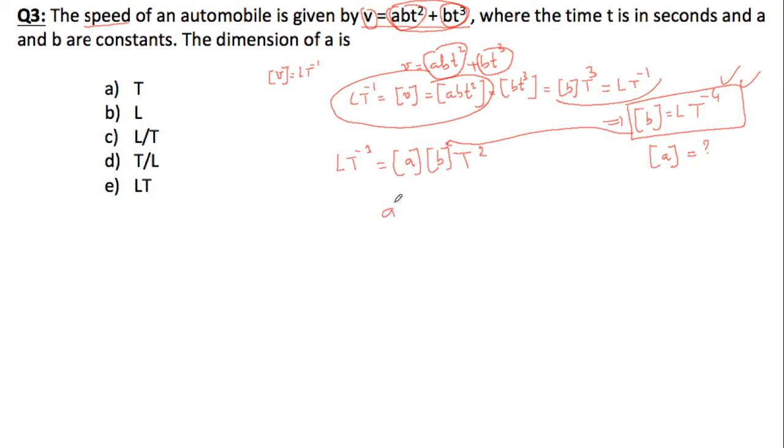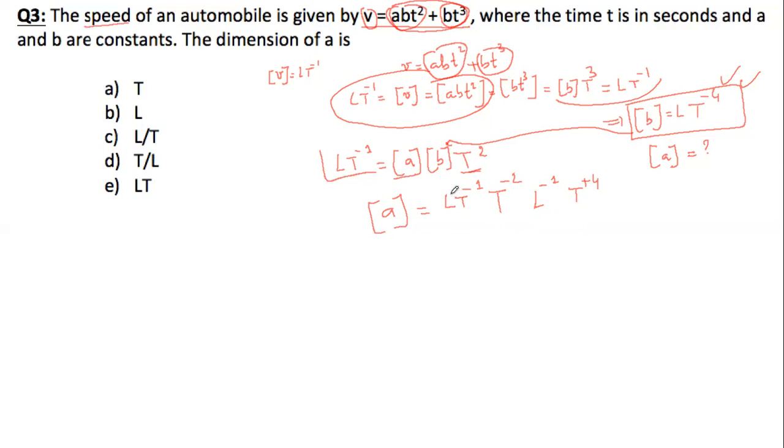So meaning the dimension of A will be L T minus 1 divided by T squared, and this divided by the dimension of B. So if I divide by the dimension of B, I will have L to the power minus 1, T to the power plus 4. Okay? Just from this equation, I get dimension of A.